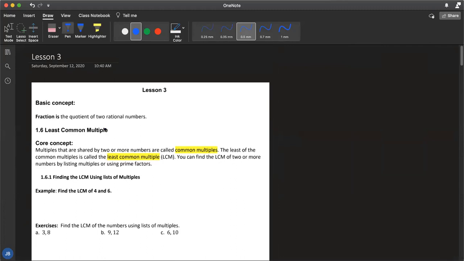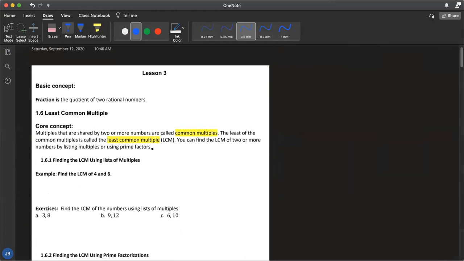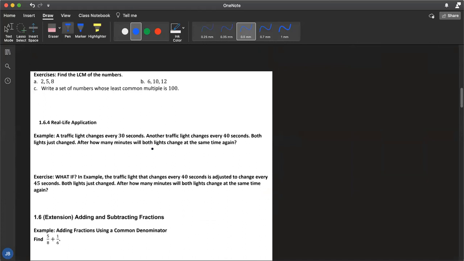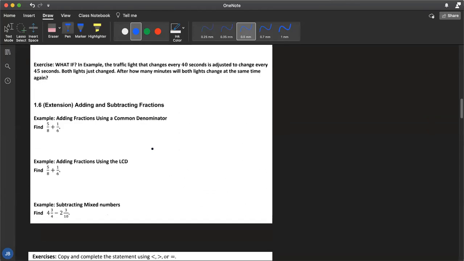Will there be like converting fractions into decimals or no? Not in this one, there won't be. I don't believe there was any of that.